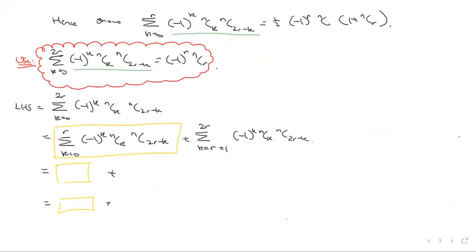Okay, so this part that we're simplifying on the next page is equal to the sum from k equals 0 to r, -1 to the k, nCk, nC 2r minus k, minus, well, the rth term.